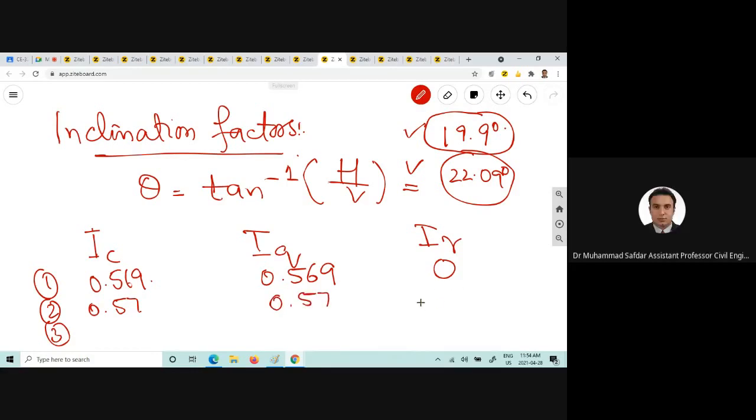I gamma? Sir, Ic and Iq are equal to 0.61 and I gamma is equal to 0.1. Okay.